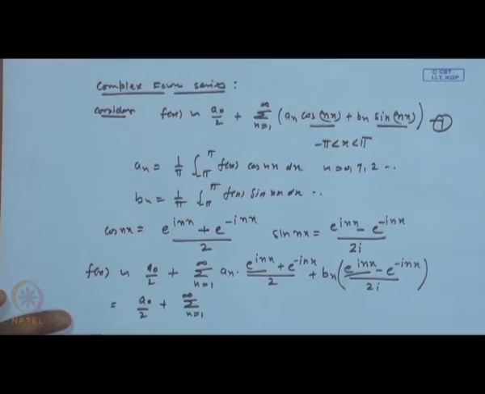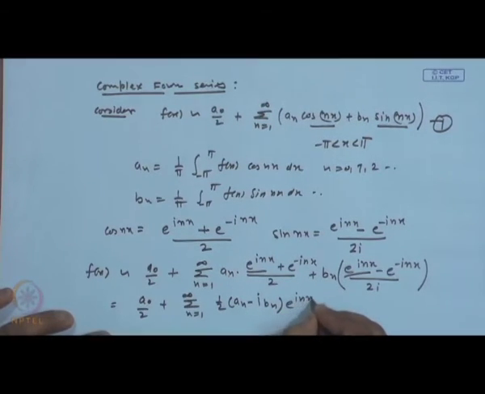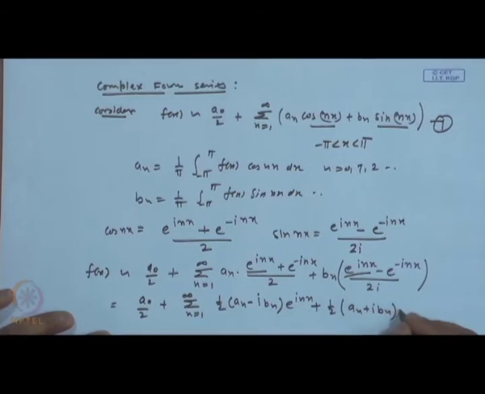So, we get minus i b n. So, if we take half of a n minus i b n, we will get e to the i n x, plus similarly there a n plus i b n e to the minus i n x.